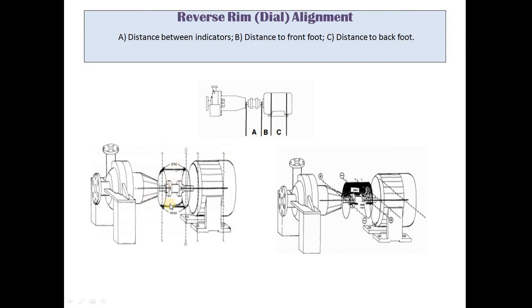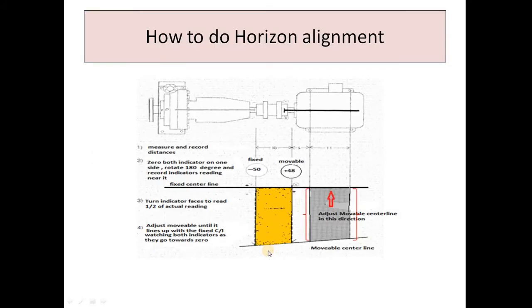Here you have to take the reading vertically, and here we are taking the reading horizontally. To do this alignment, first of all, we have to take a graph and record the distance of the coupling, the distance of the first foot, and the distance of the two feet.